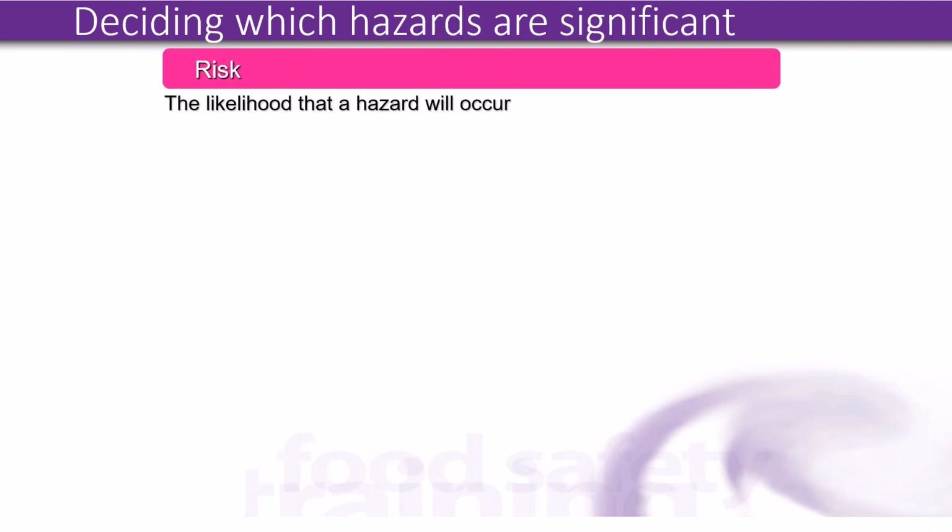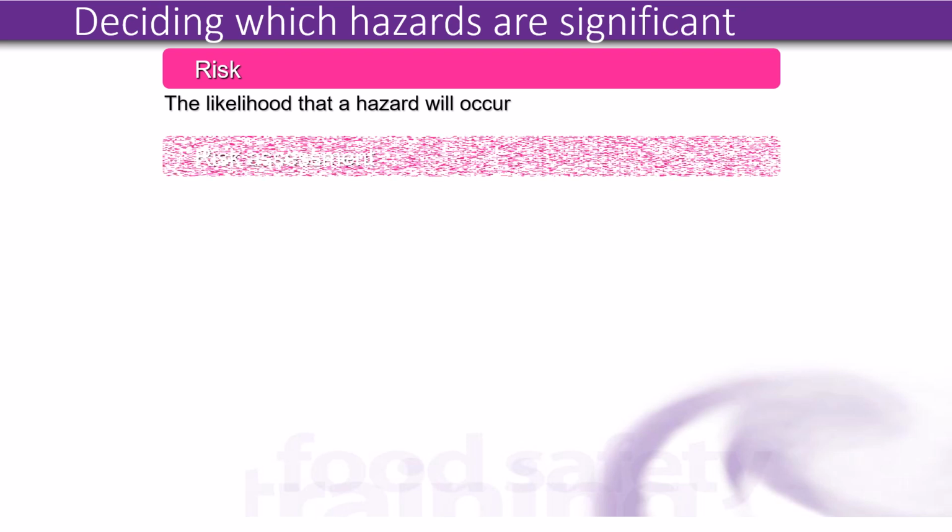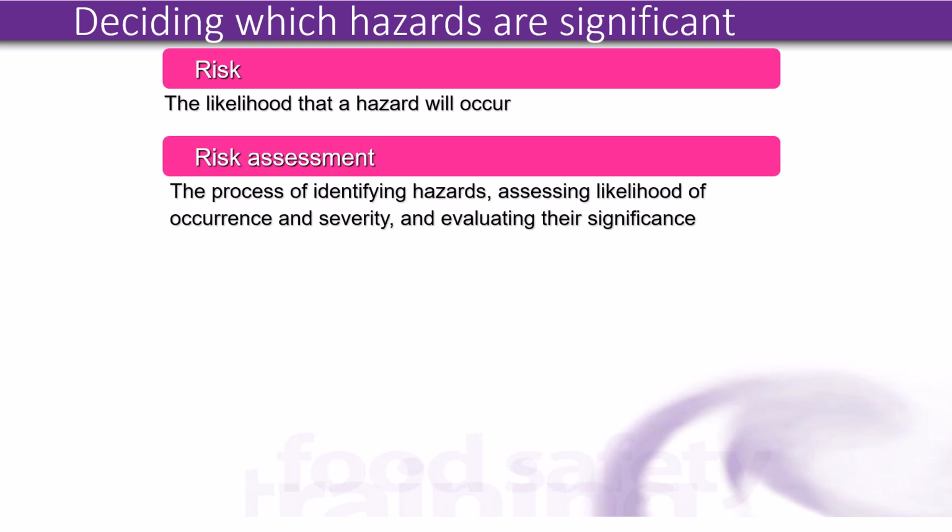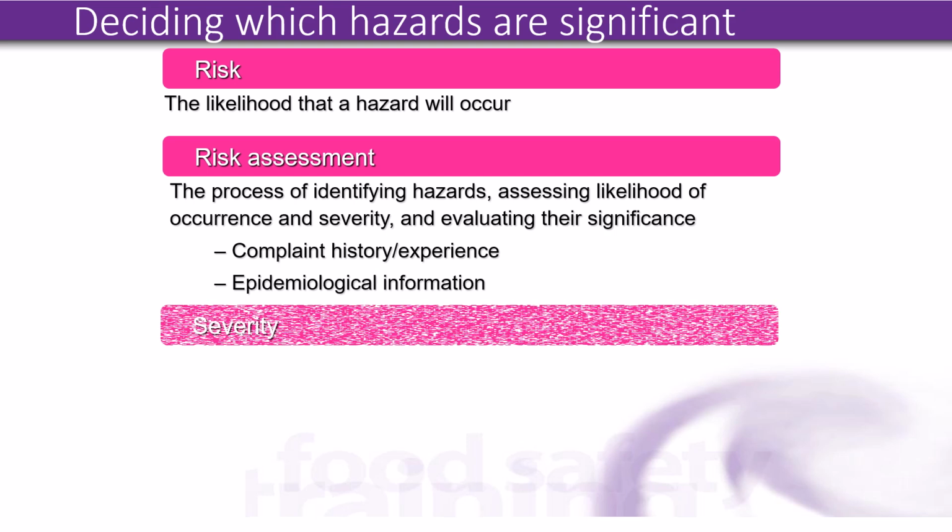First of all, risk. The definition of risk is the likelihood that a hazard will occur. A risk assessment is the process of identifying hazards, assessing likelihood of occurrence and severity, and evaluating their significance. You need to look at the complaint history and, using your own experience, epidemiological information of the product.